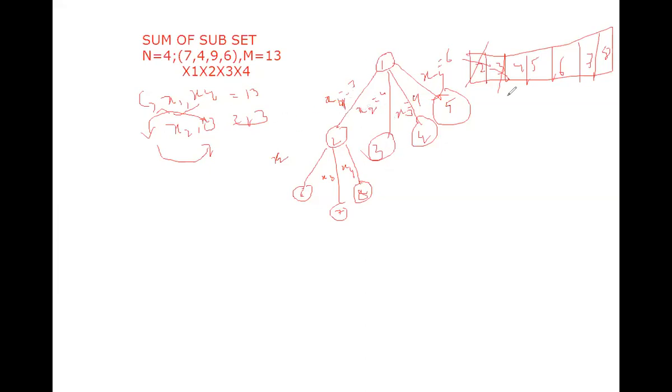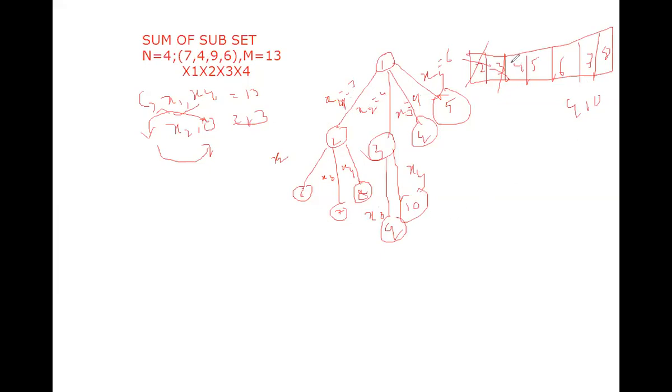So here we consider only x3 and x4. These two nodes are 9 and 10. I expand these two, then I store in the queue 9, 10.